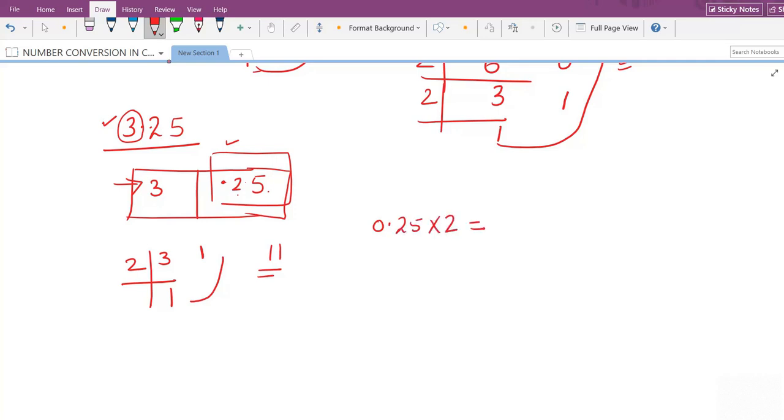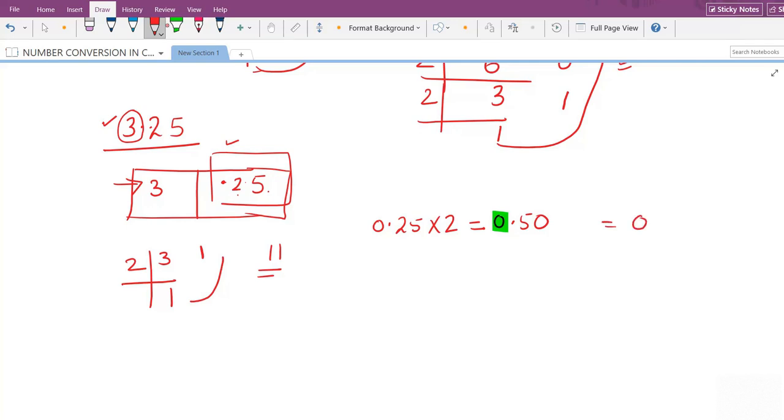So what will be your answer? You will get 0.50. Now here is a trick. What you got, I will try to highlight and show you. What you have got here actually is a simple 0. So extract it, you got the 0, right? So note it down somewhere, you note it down.